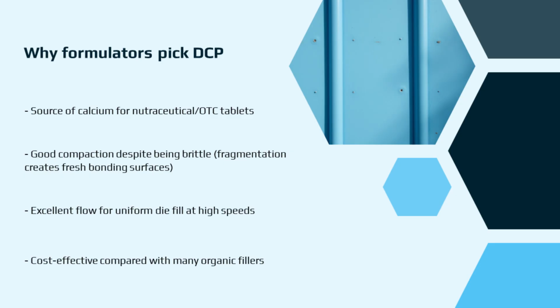It also demonstrates excellent flowability, ensuring uniform die filling even at high tableting speeds, an advantage in large-scale production. And finally, DCP is cost-effective compared with many organic fillers, offering both performance and economic benefits in formulation design.